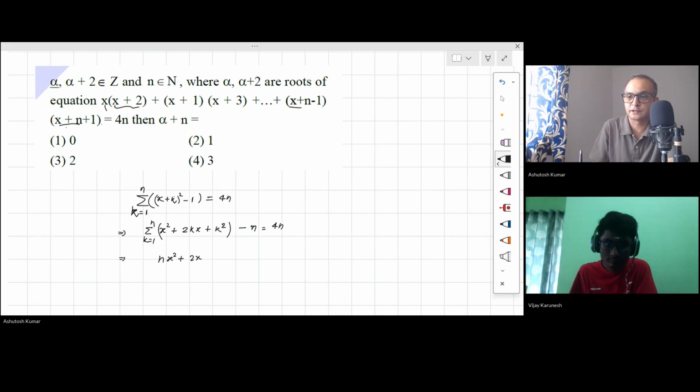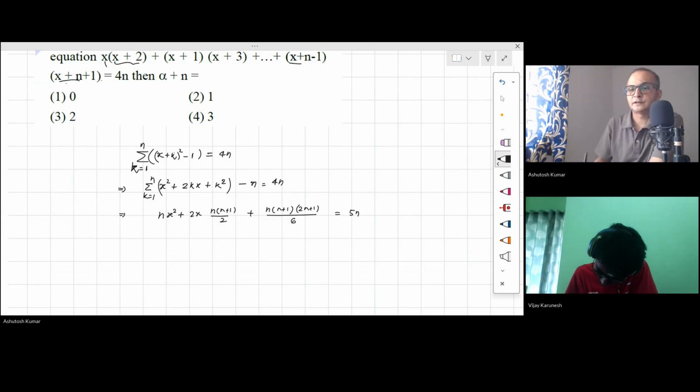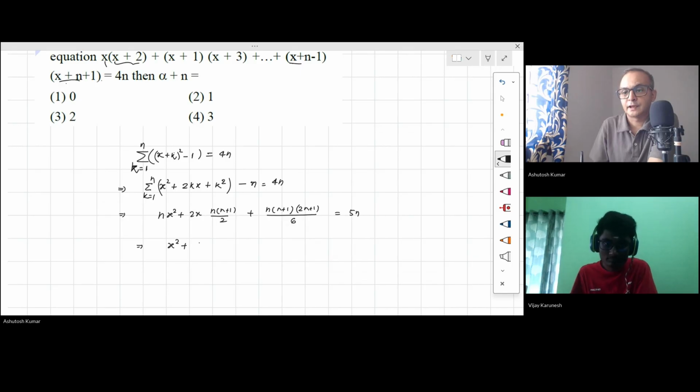And here 2x is out, and this will give you n into (n plus 1) by 2. And here n into (n plus 1)(2n plus 1) by 6. And this is going to be 5n. Let's divide by n. So we get x squared plus (n plus 1)x plus (n plus 1)(2n plus 1) by 6 minus 5 is equal to 0.